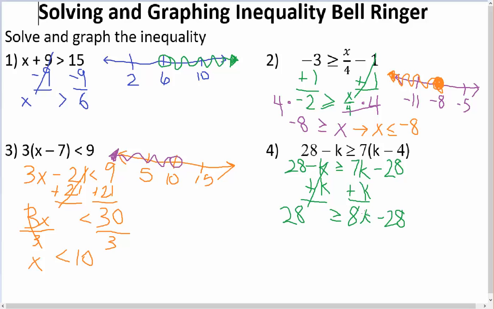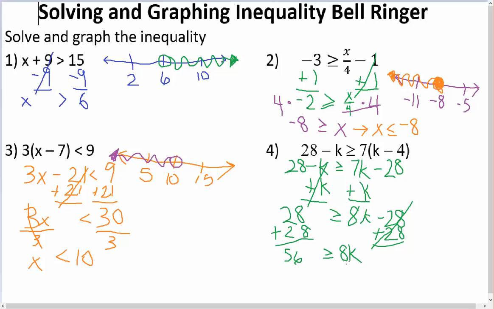Now I have my variable on one side, well, only one variable left. So now we need to get rid of the constant, so adding 28 to both sides. So these zero out again, additive inverse. So this is 56 is greater than or equal to 8k.